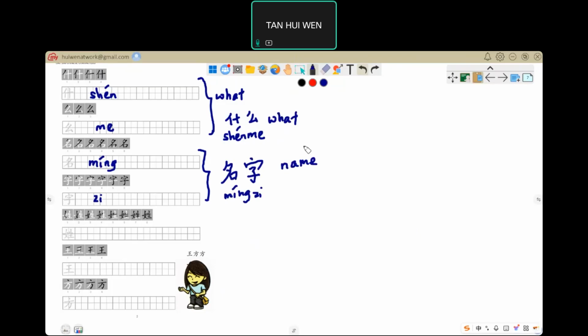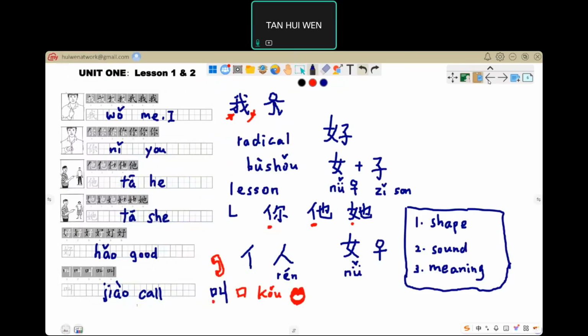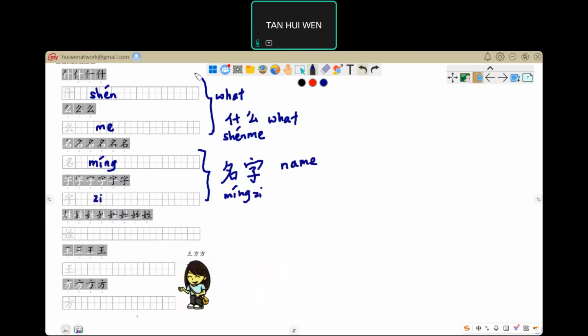If you have finished writing the previous words, like this page and this page, take your time to write slowly, and you can combine all of this into a sentence. You can write 你叫什么名字?